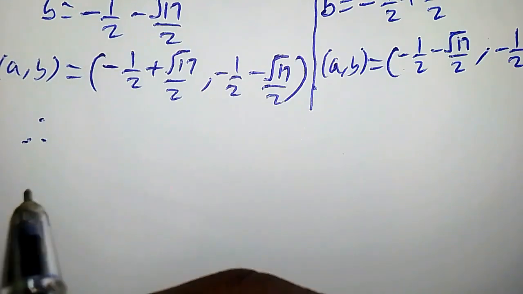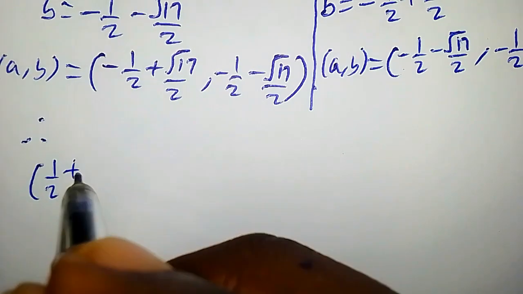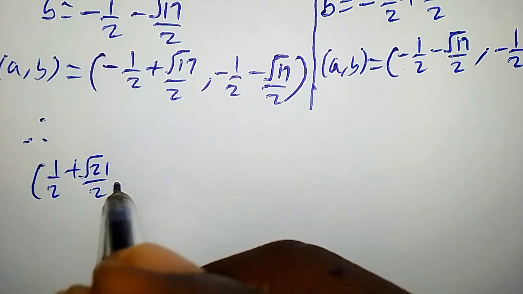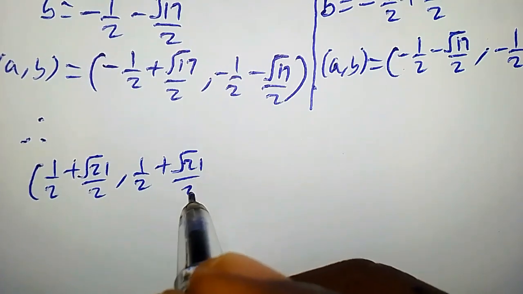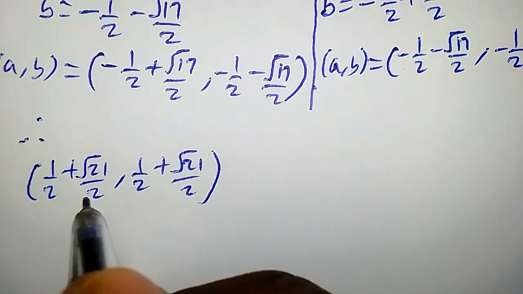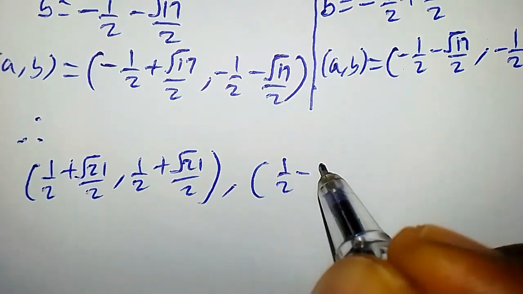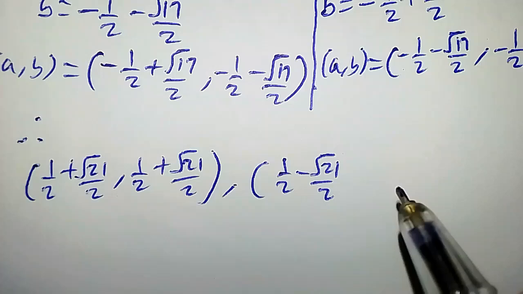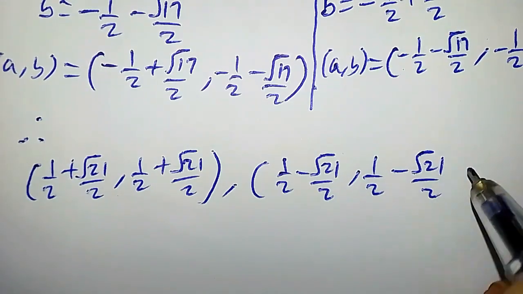Therefore, all the solutions that we have are: 1 over 2 plus square root of 21 over 2, comma, 1 over 2 plus square root of 21 over 2. This happens to be the first solution. The second solution is 1 over 2 minus square root of 21 over 2, comma, 1 over 2 minus square root of 21 over 2.